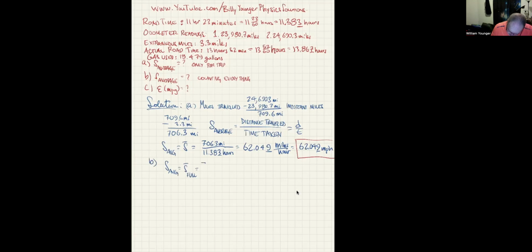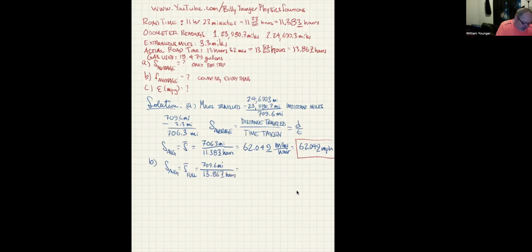In this case, the distance is 709.6 miles, again, 4 sig figs. And the total time is 13.867, because I already converted that, hours.